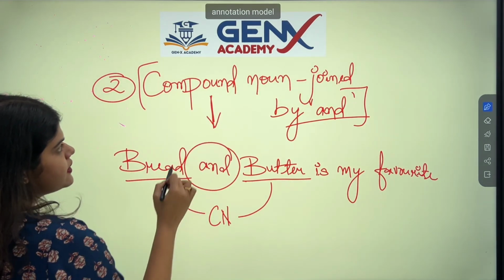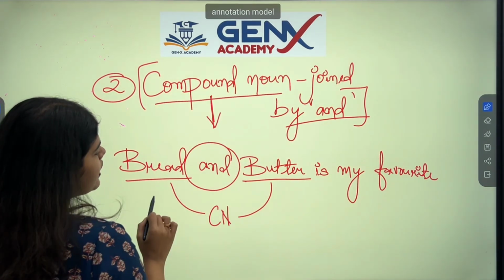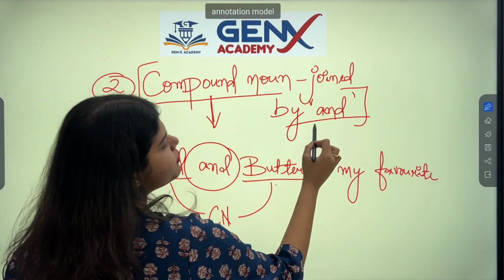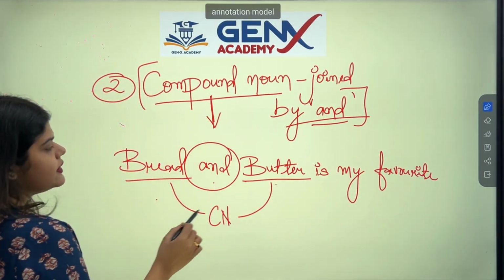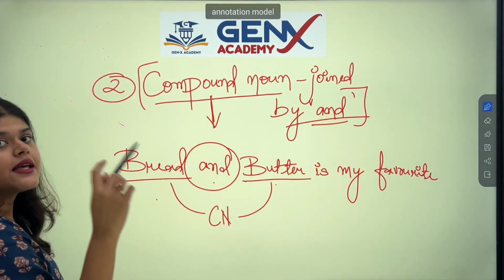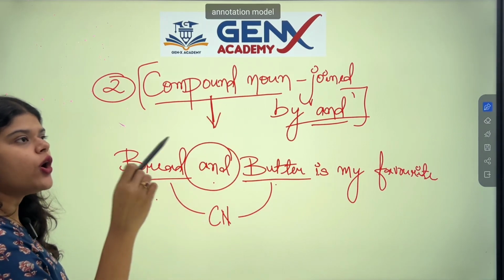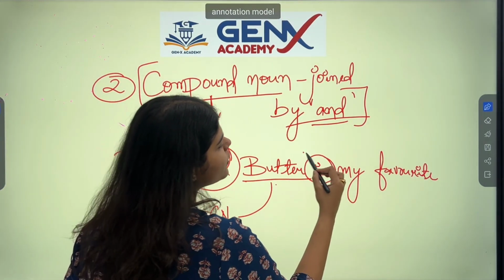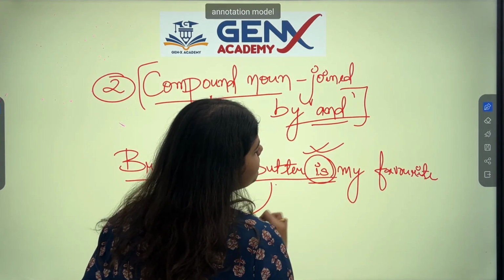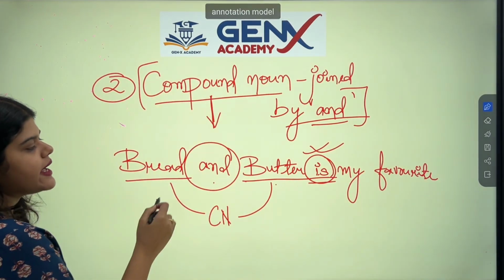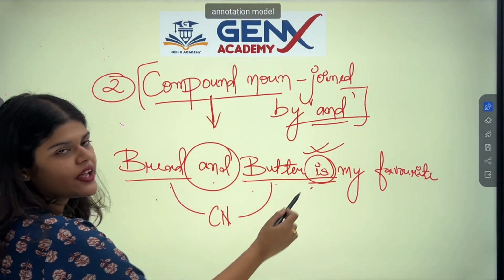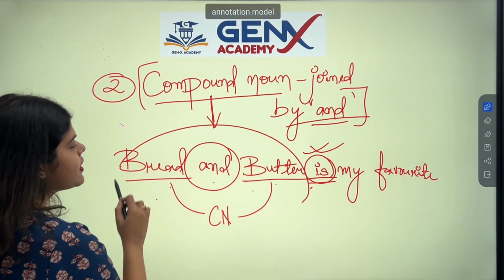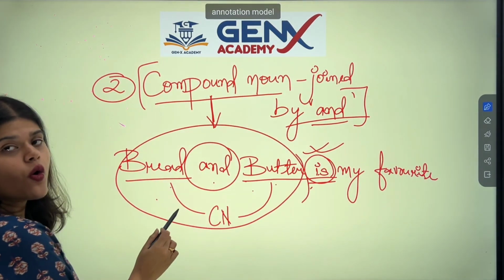I hope you understand this now, that when a compound noun is joined by and, this is treated as a single object or one unit and is denoted by a singular verb, that is, my favorite. I will not say that bread and butter are my favorite because this is considered to be one.